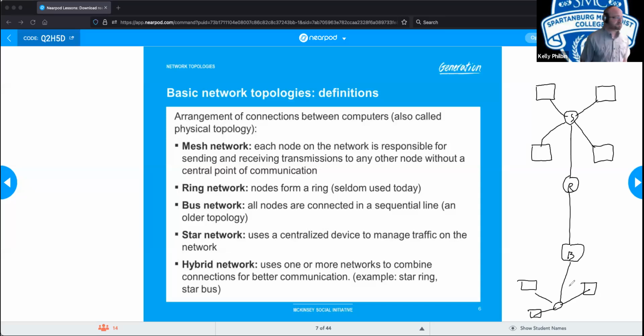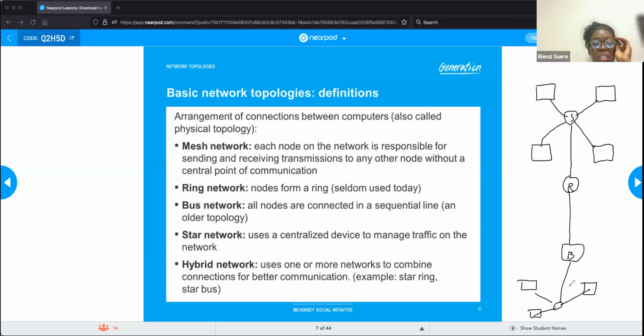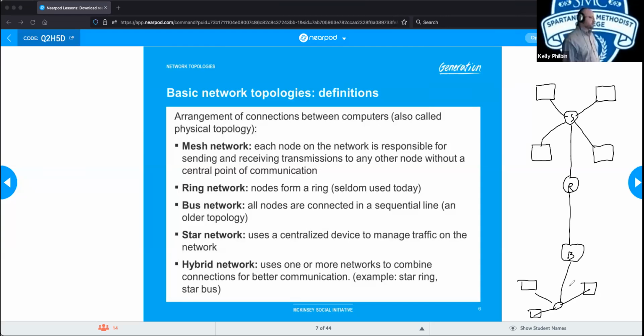Yes, Rienzi. So it says here it uses one or more networks to combine. So if it was two stars, can it still be considered a hybrid? Or is it only if it's two different types? Well, I think it requires two different types to become a hybrid, because if you're using a star, then it's still a star network essentially.